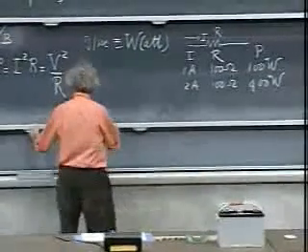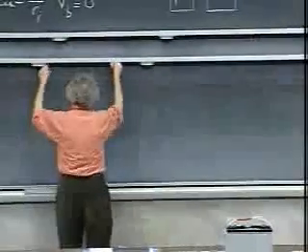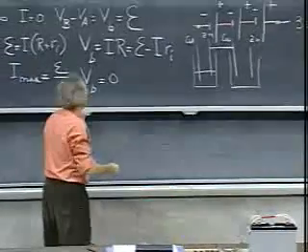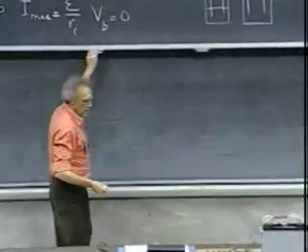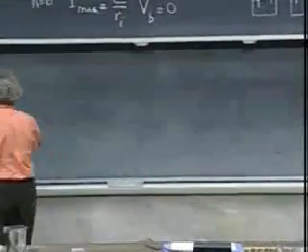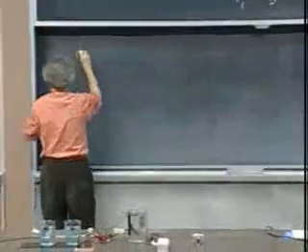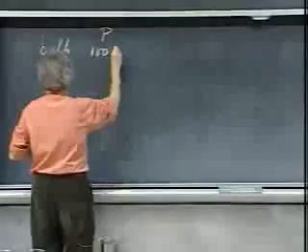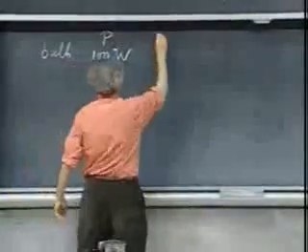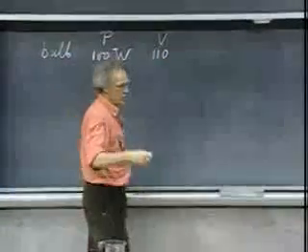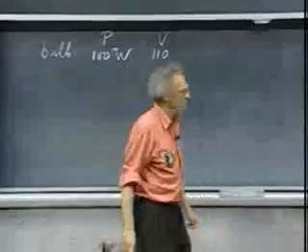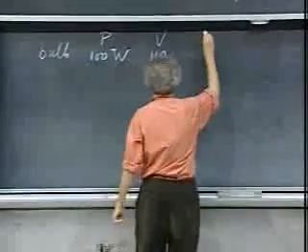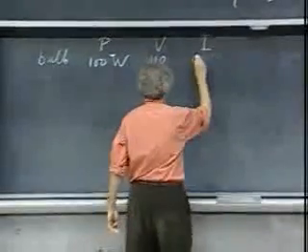So, for instance, a 100-watt light bulb in your dormitory, and the voltage is 110 volts, you just plug it into the wall, then the current that will run is about 0.9 amperes.